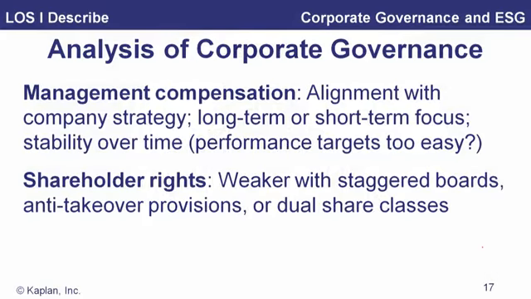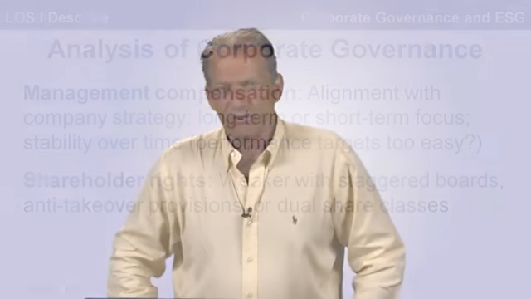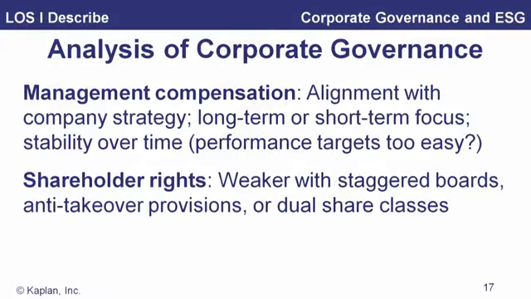In terms of shareholders' rights, they are weaker with staggered boards. Staggered boards are where the elections are held, say we've got 9 directors and there are 3 elections. 3 of those seats are up for election each year, so that's what we mean by staggered. Well, this makes it harder for shareholders to make a change.